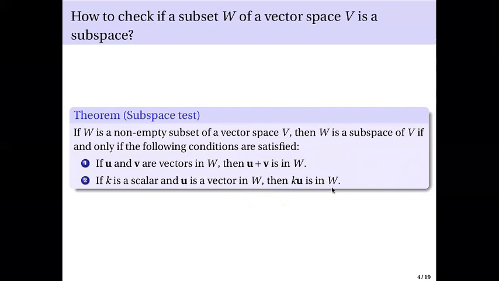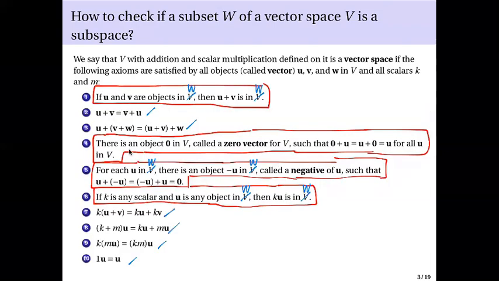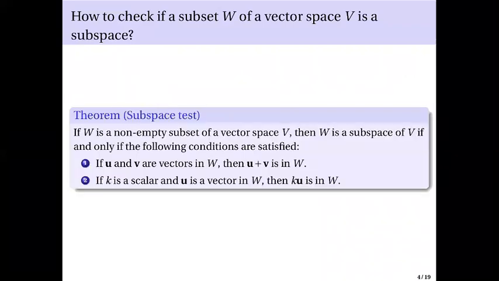So why do we need to check 2 statements instead of these 4 statements? Why do we need to check only 2 statements and not the 4 statements left? Look at this.